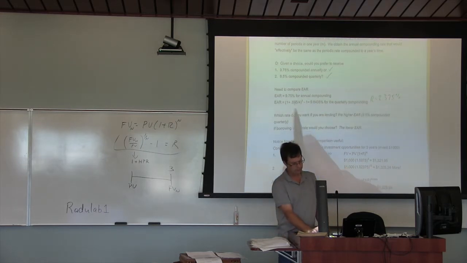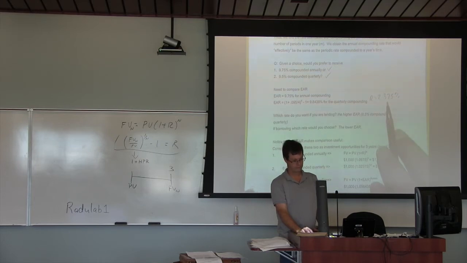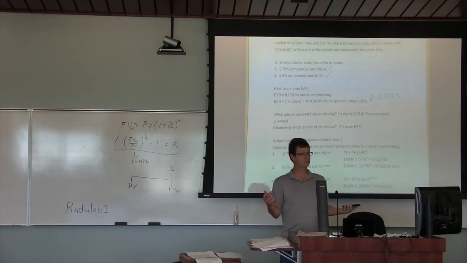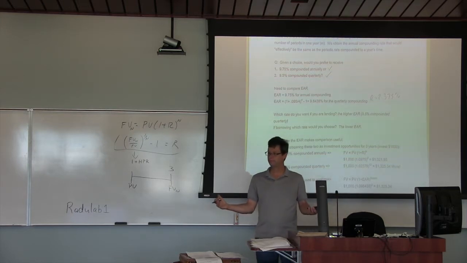So the 0.095 divided by 4 is 0.02375. Then you add the 1 to that and raise it to the 4th power to compound it out over a full year.